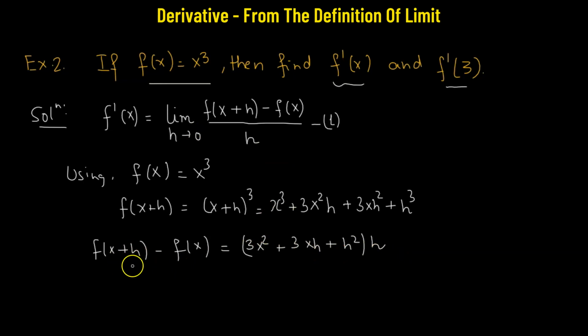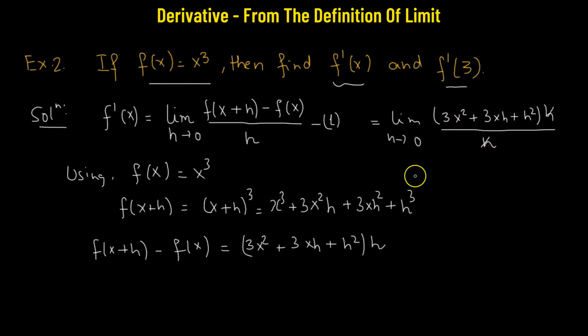Now we will substitute this value in equation number 1. So this is going to give us limit h approaches 0, 3x squared plus 3 times x times h plus h squared, times h, whole divided by h. So h and h get cancelled. So this is limit h approaching 0, 3x squared plus 3xh plus h squared.